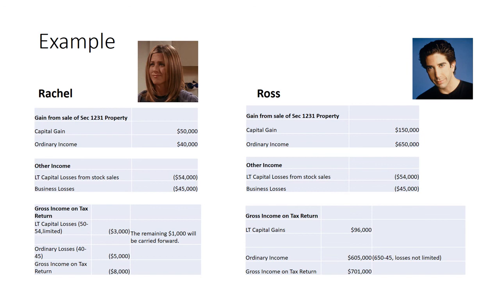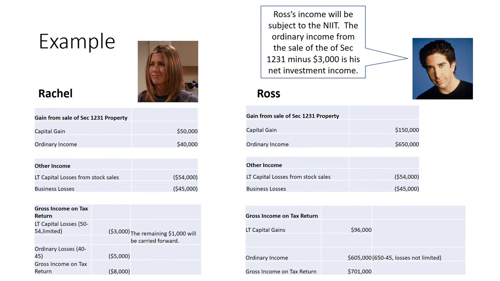He's going to come up with $96,000 of long-term capital gains. He's going to have ordinary income of $605,000. So those business losses can reduce that ordinary income that he's going to show. So on his tax return, he'll show gross income of $701,000. So again, you net capital gains and capital losses, and ordinary income and ordinary losses together.